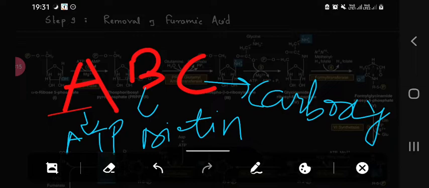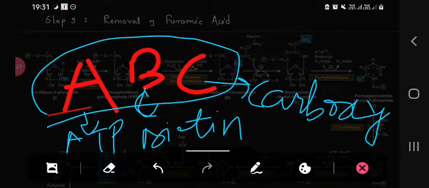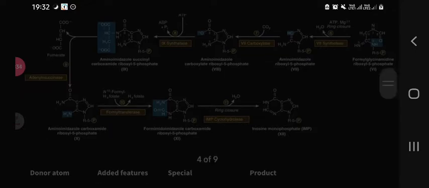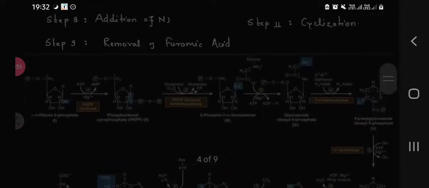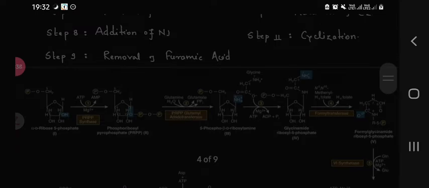So this is the fact ABC. Then adenylosuccinase and then formyl transferase and cyclohydrolase. Inosine monophosphate is formed from alpha ribose 5-phosphate.